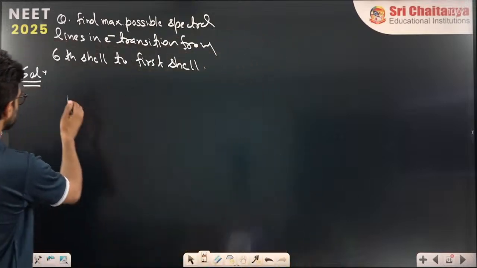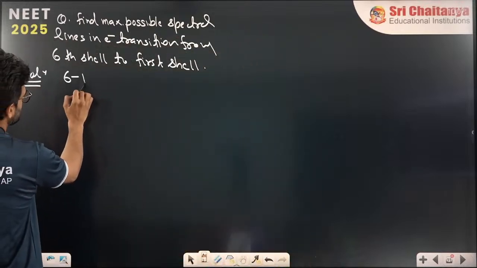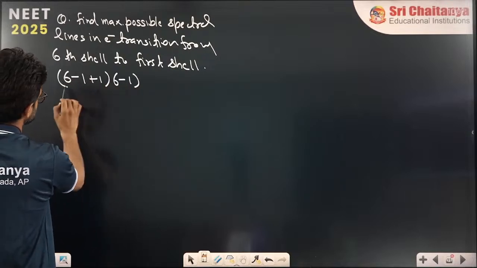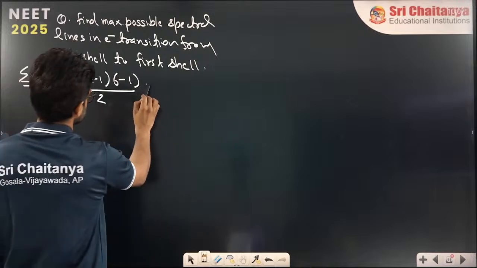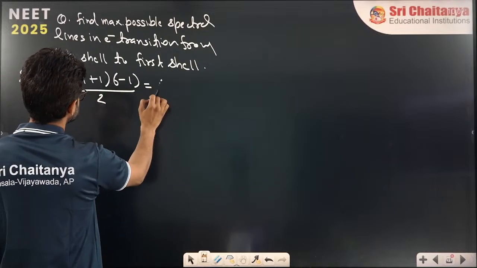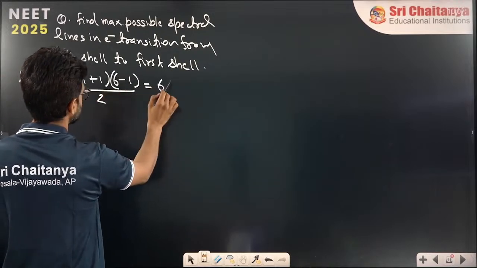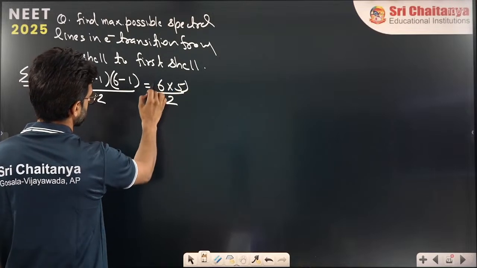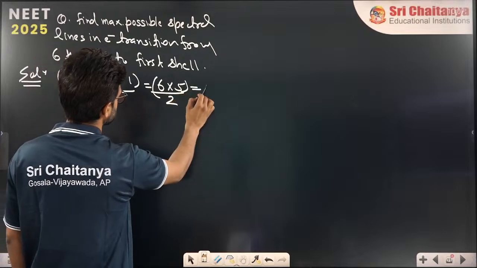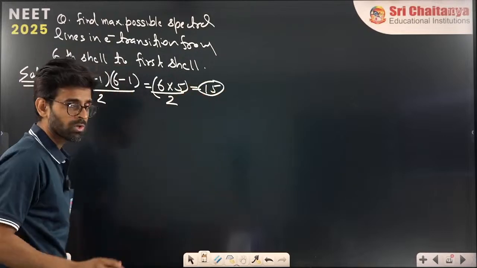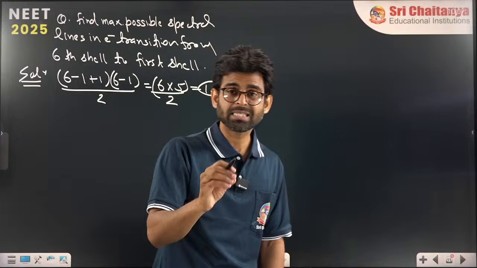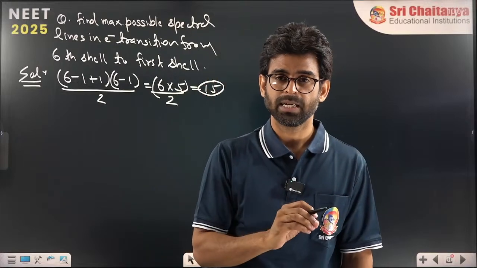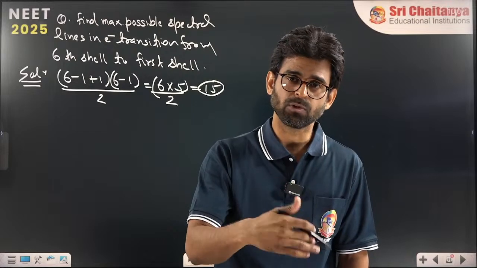So we can apply the formula N2 minus N1 plus 1 into N2 minus N1 divided by 2. What's coming here? 6 into 5 divided by 2, so 2 gives us 3. So 15. Total 15 lines will come, or I can say a total of 15 different types of photons it will emit.